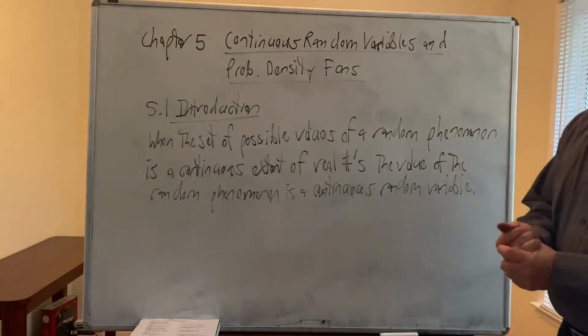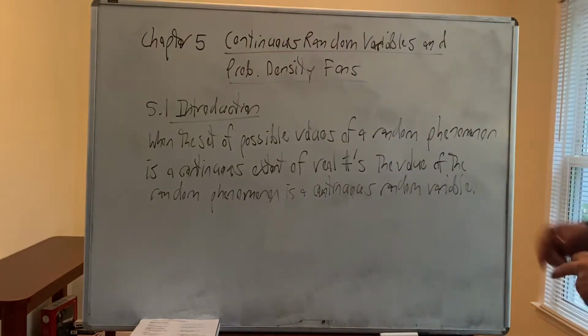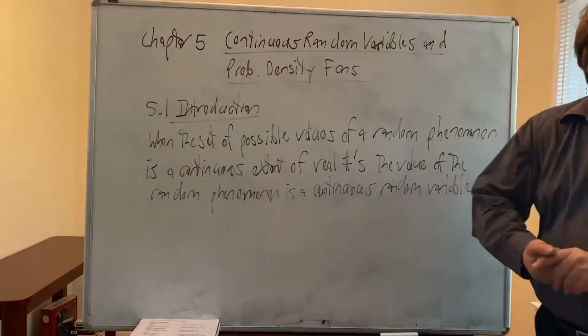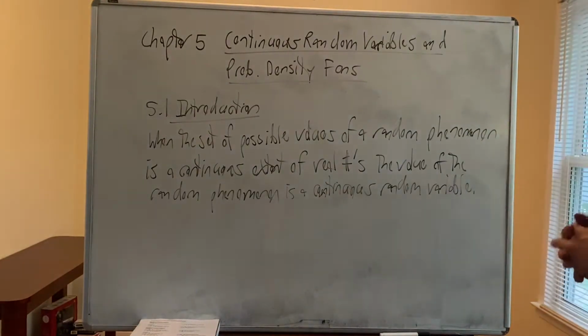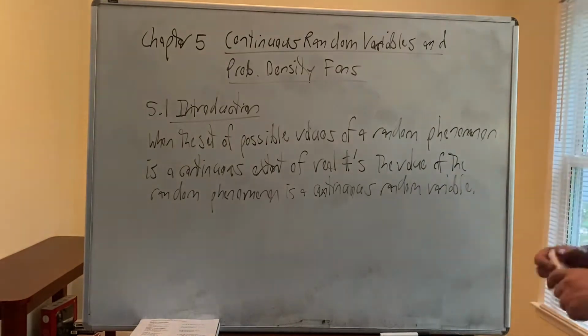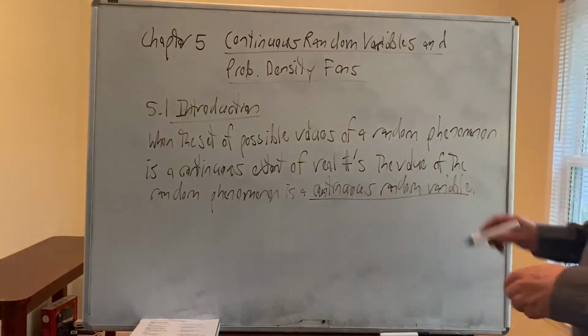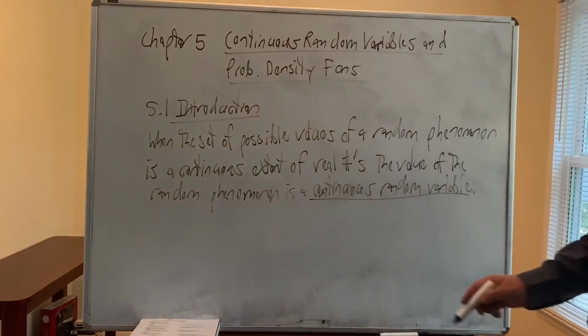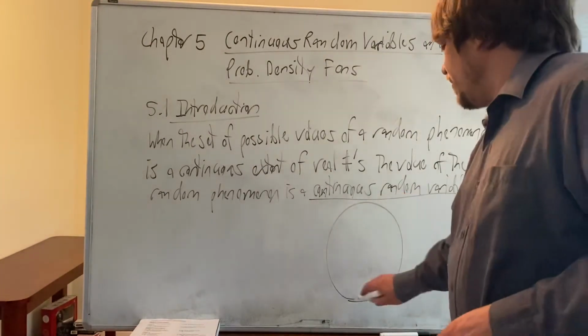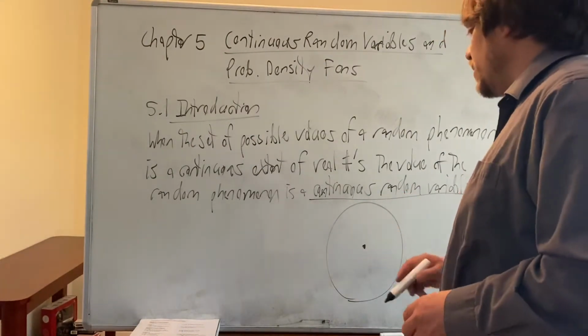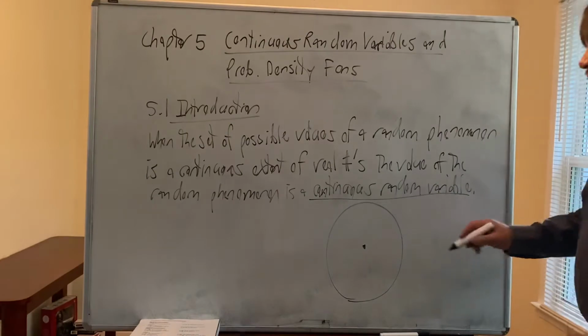Okay, so introduction to continuous random variables and probability density functions, 5.1. When the set of possible values of a random phenomenon is a continuous extent of real numbers, the value of the random phenomenon is a continuous random variable. So let me give you an example of this. For instance, let's say you have a dartboard, and let's say you have the target at the middle, right? And so here's a dartboard.